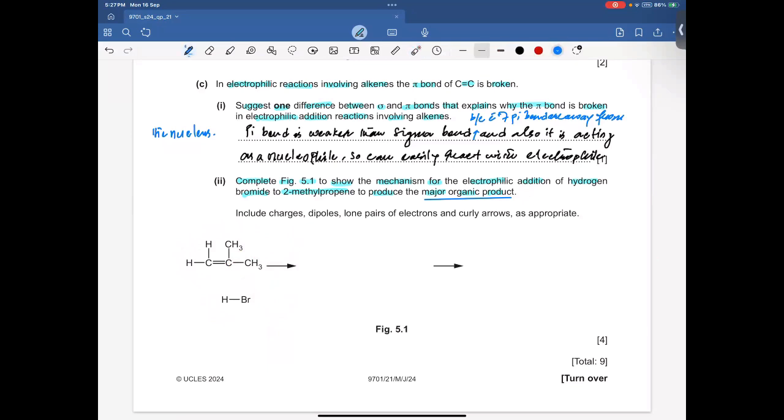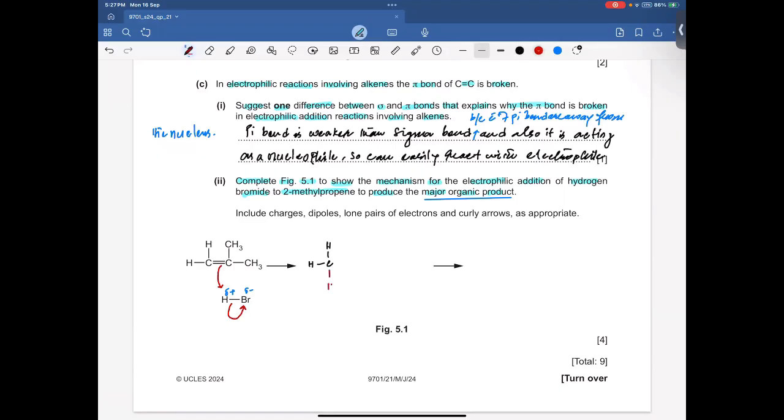First of all, let me write the dipoles here. Slight negative and slight positive. As soon as the hydrogen becomes slight positive, the pi bond of the alkene reacts with it. At the same time, bromine in the form of bromide will leave from here. So H, C, H will remain as it is.